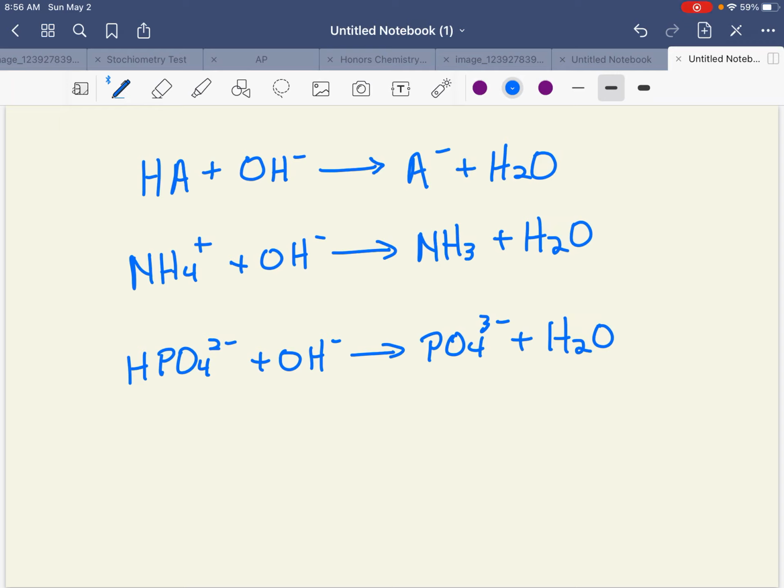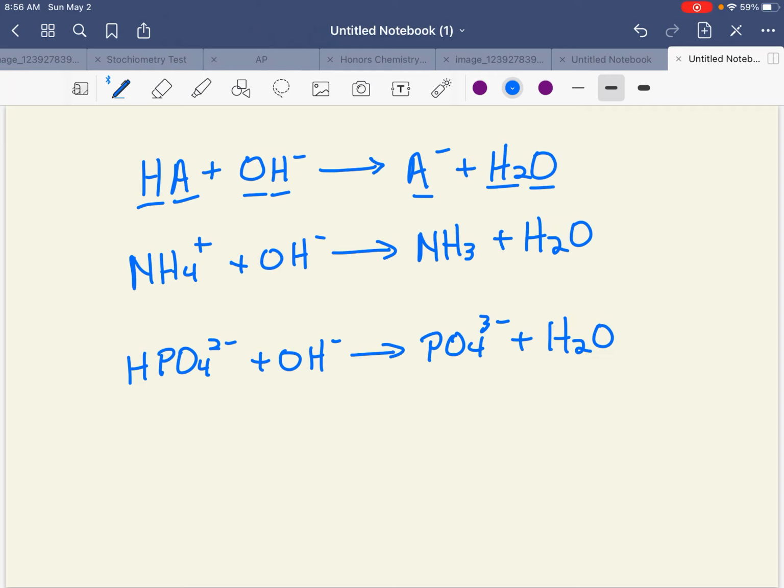Okay, so let's look at how all of these equations are balanced, both as to mass and charge. Being balanced as to mass is exactly what you think being balanced means. Starting up here at the top, I've got 2 hydrogens on the left, 2 hydrogens on the right, an A on the left, an A on the right, an O on the left, and an O on the right. That's balanced as to mass.